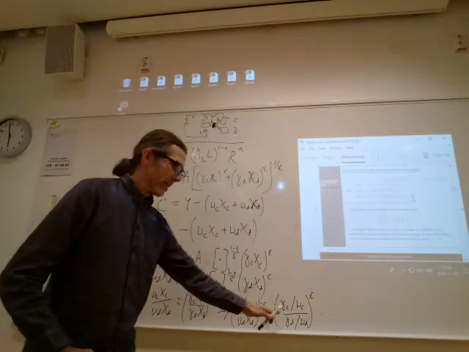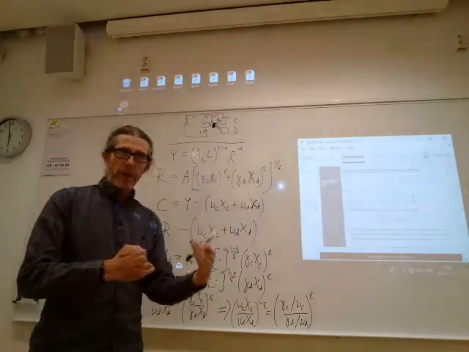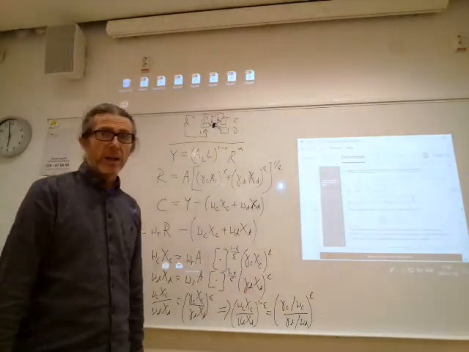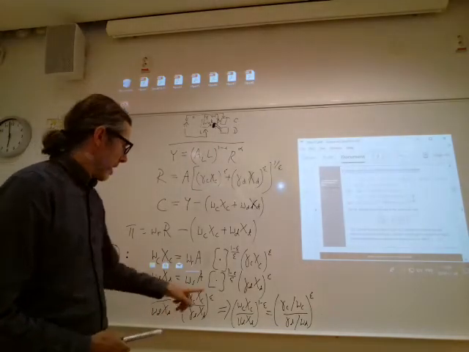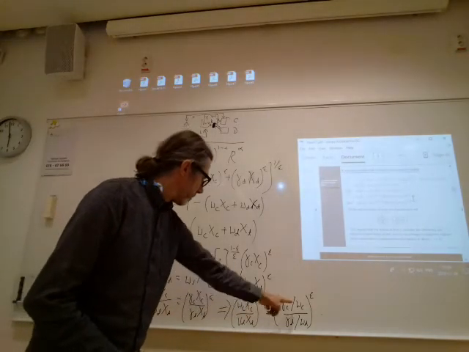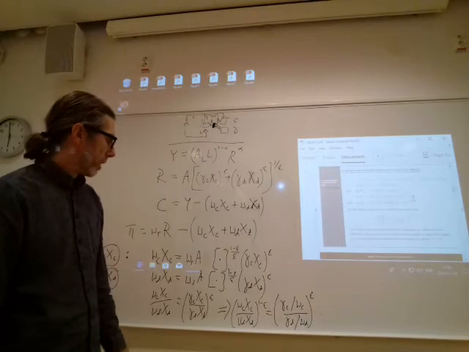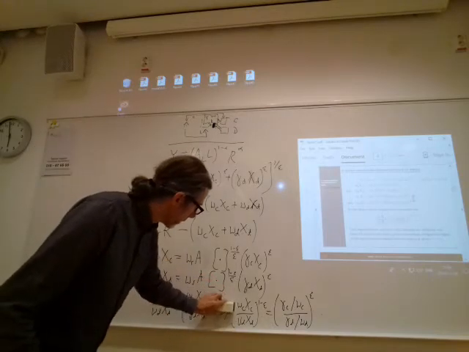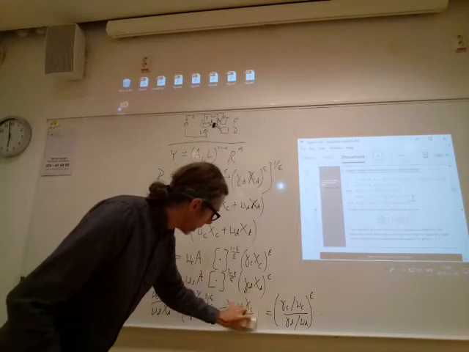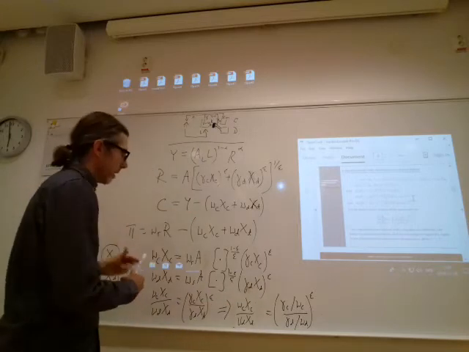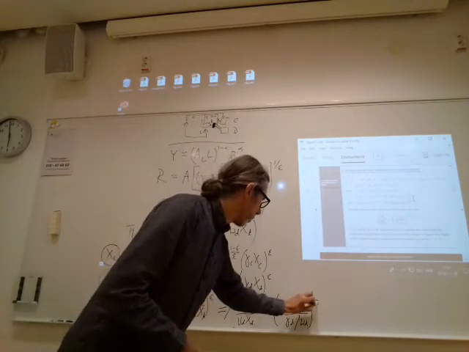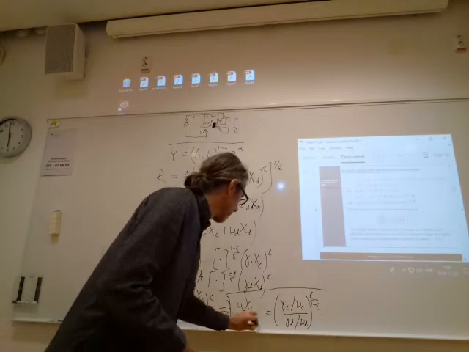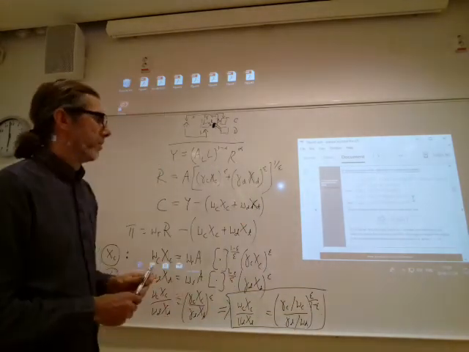If you can't see that, just do it for yourself on paper using a couple more lines, a couple more steps. And now we can just raise both sides to the 1 over 1 minus epsilon, and we end up with epsilon over 1 minus epsilon. And that's our result.